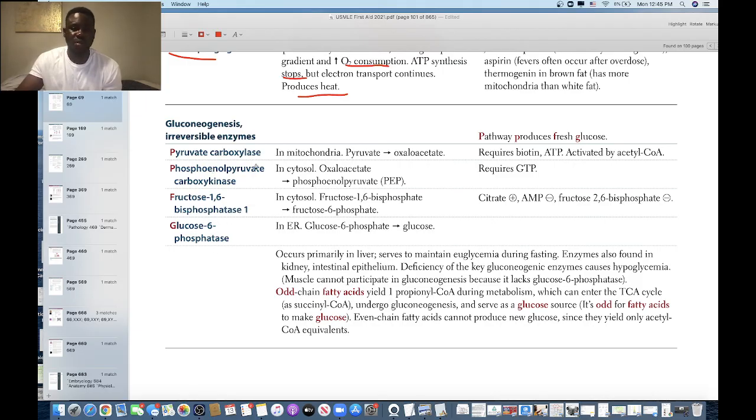These are pyruvate carboxylase, PEP carboxykinase, that is phosphoenolpyruvate carboxykinase, and also fructose 1,6-bisphosphatase, and then glucose 6-phosphatase. These ones are irreversible when we are going backwards to make glucose, so we can look at that also.